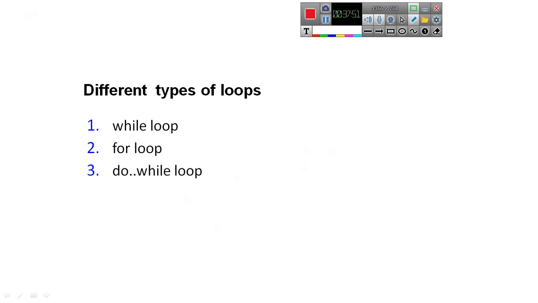Apart from these three, there is another one, that is goto. That is, go to a particular label. We write some set of statements under a loop and we mention go to that loop.